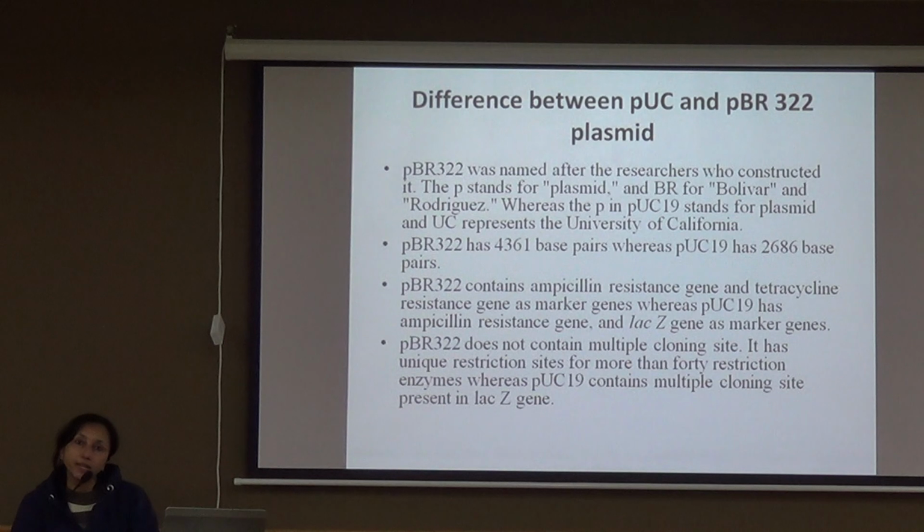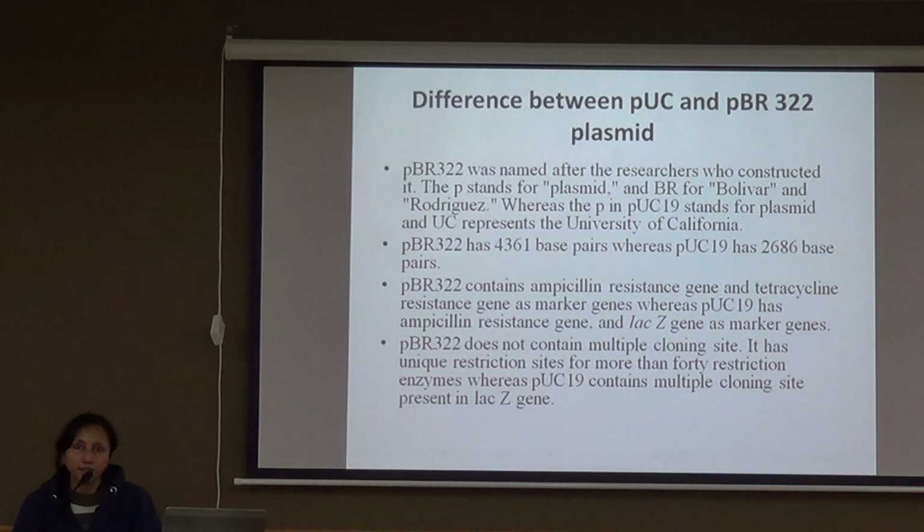pBR322 does not contain multiple cloning site. It has unique restriction sites for more than 40 restriction enzymes, whereas pUC19 contains multiple cloning site present in the lacZ gene. What are multiple cloning sites? We need a unique restriction site for every enzyme so that we can cleave the vector and the DNA insert using the same restriction enzyme and then ligate it.